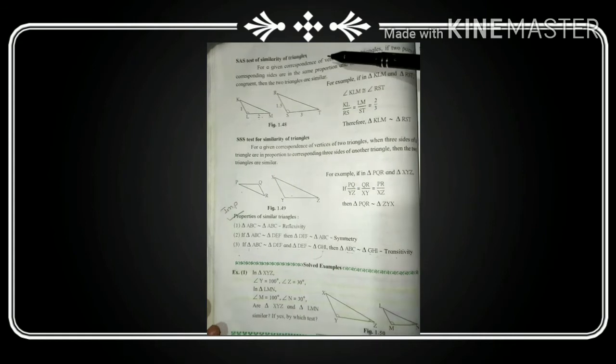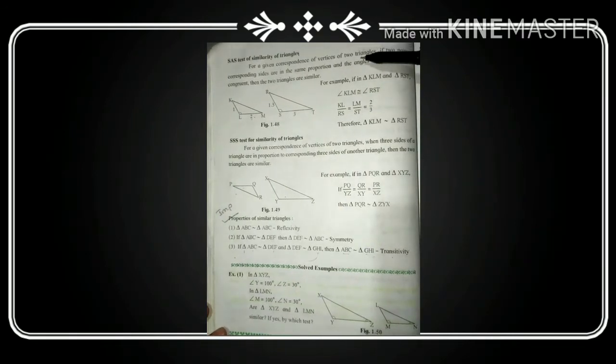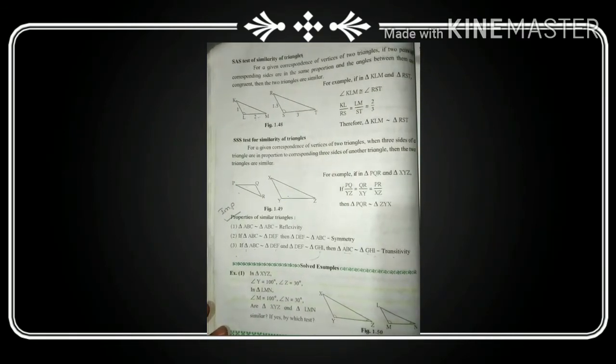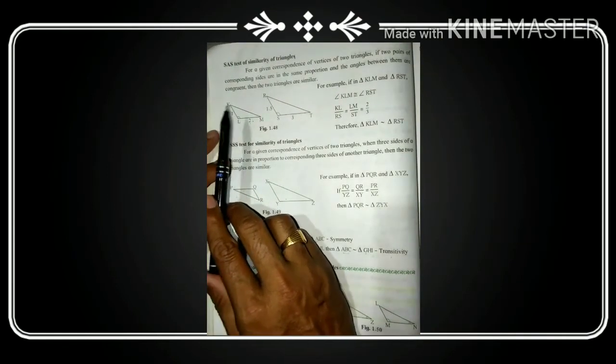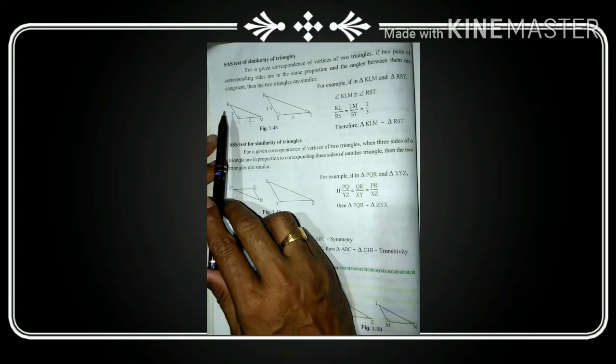Then the side test of similarity of triangles. For the given corresponding vertices of the two triangles, if two pairs of corresponding sides are in the same proportion and the angles between them are congruent, then the triangles are similar.